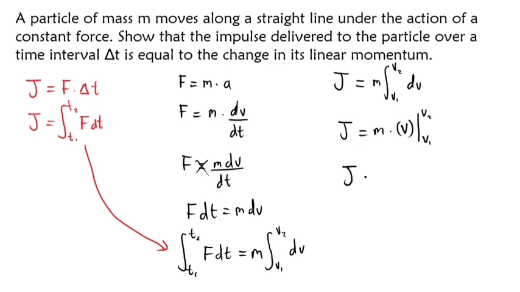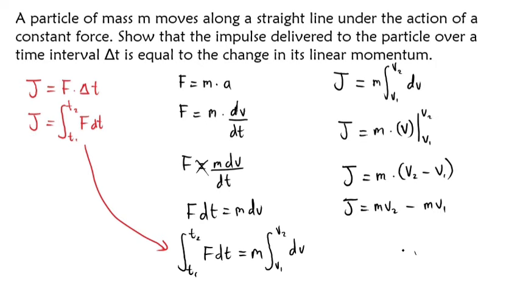So J is equal to mass times, integrating this now, we're just going to replace. Where there's v, I replace with v2, and where there's v again, I replace with v1. So J is equal to m v2 minus m v1.